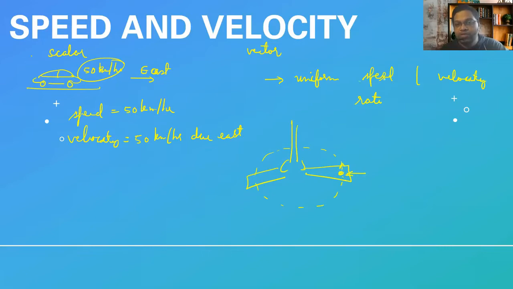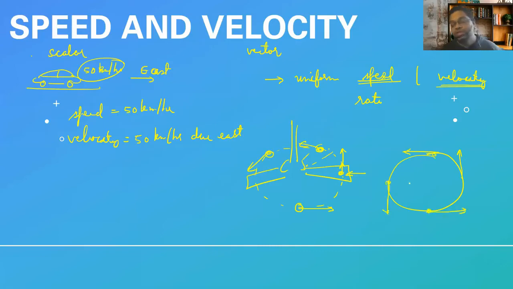That is called uniform speed. But that cannot be called uniform velocity, because the velocity is along the tangent, and the direction keeps on changing. So this is not an example of uniform velocity.